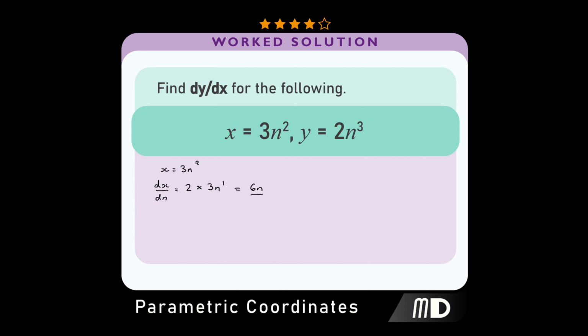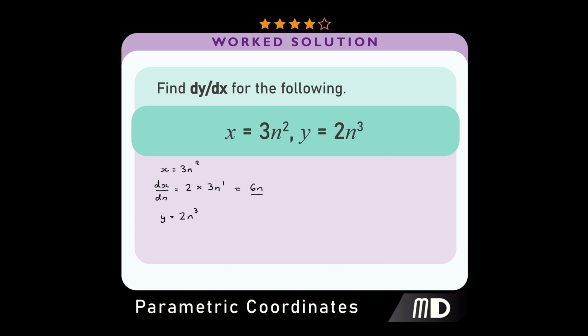The question also tells us that y is equal to 2n cubed. And using the power rule for differentiation, we need to multiply by the power, which is 3.